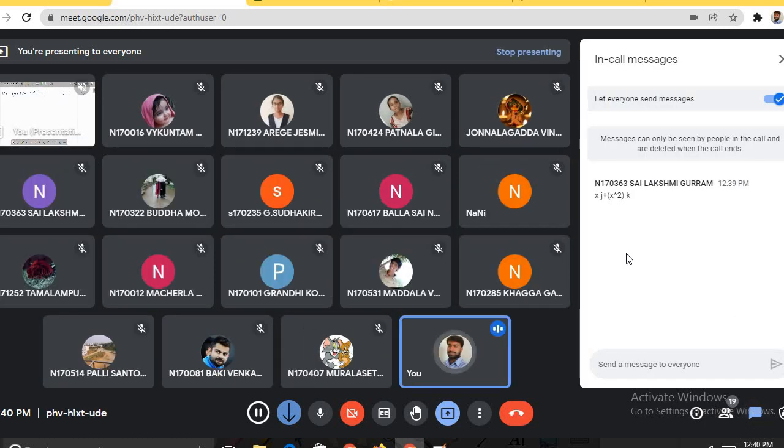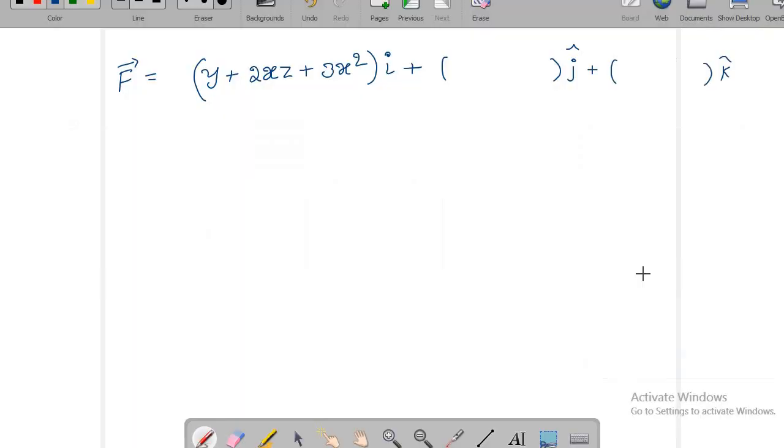xj plus x squared k. So our friend says this must be x. X is enough here, and here x squared. Exactly. Why? Because here you have y. So now I need a term which is related to this guy. So that must be x into y.